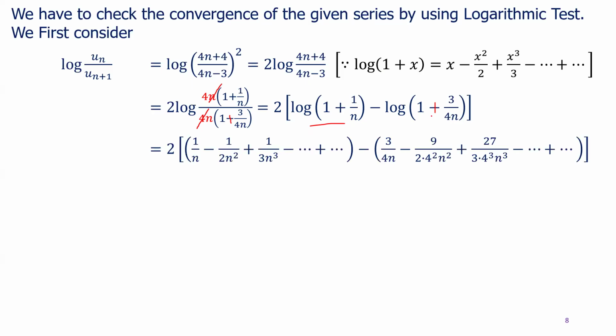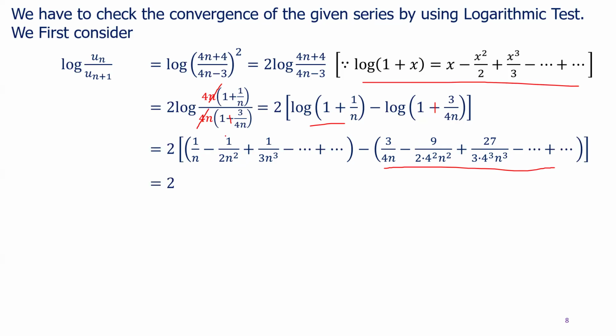Now, using the formula, this is 1 upon n minus 1 upon 2n square plus 1 upon 3n cube, and so on, minus 3 upon 4n minus 9 upon (2 into 4 square n square) plus 27 upon (3 into 4 cube n cube).